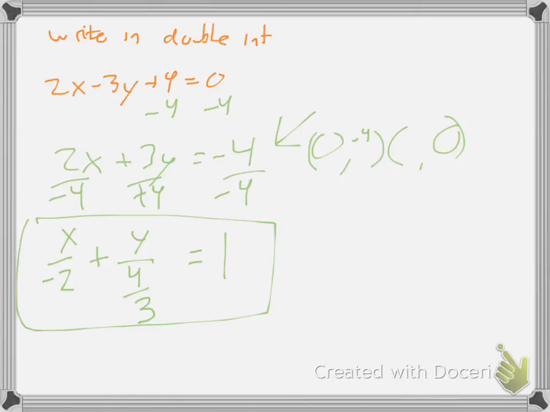So it should be a negative 4/3. And then it becomes negative 2. So why is that wrong?